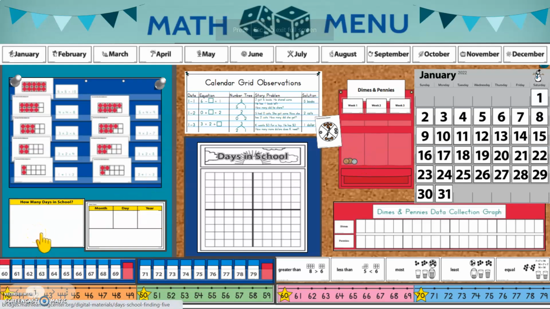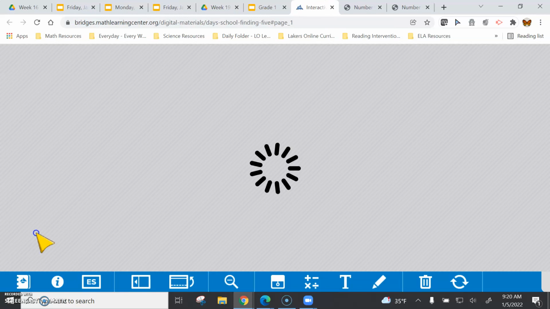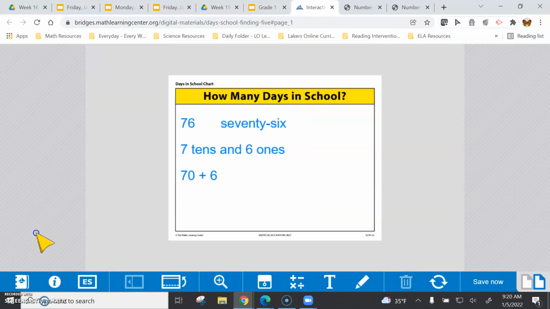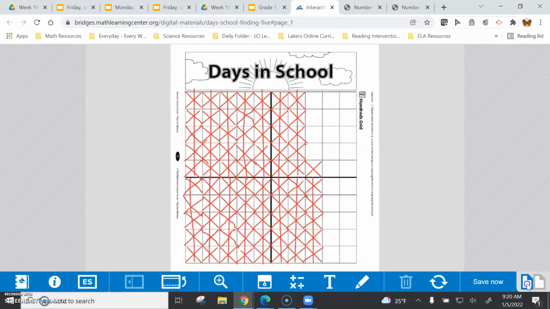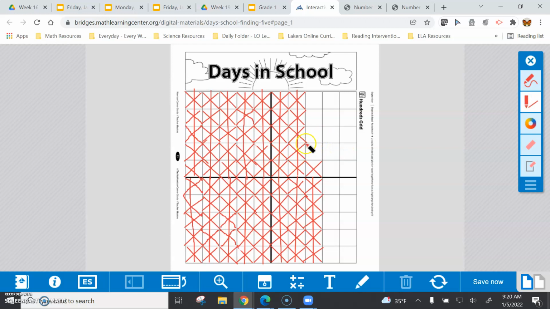Let's go to our days in school now. We're going to add another day to our calendar, to our chart. And now we have 77 days in school together.